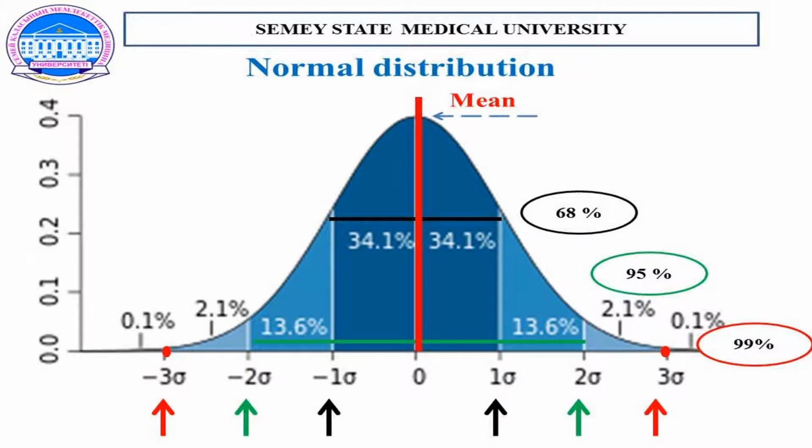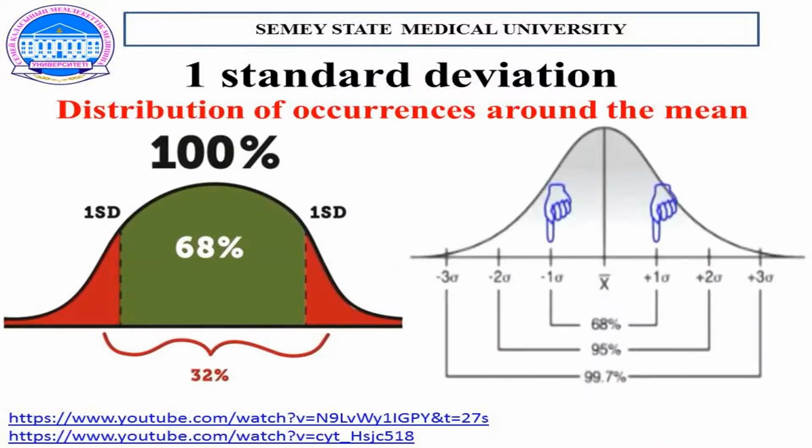Green line, 95% of individuals are going to be within 2 standard deviations of that mean. And the last is the red line, 99% of individuals are going to be within 3 standard deviations of the mean.